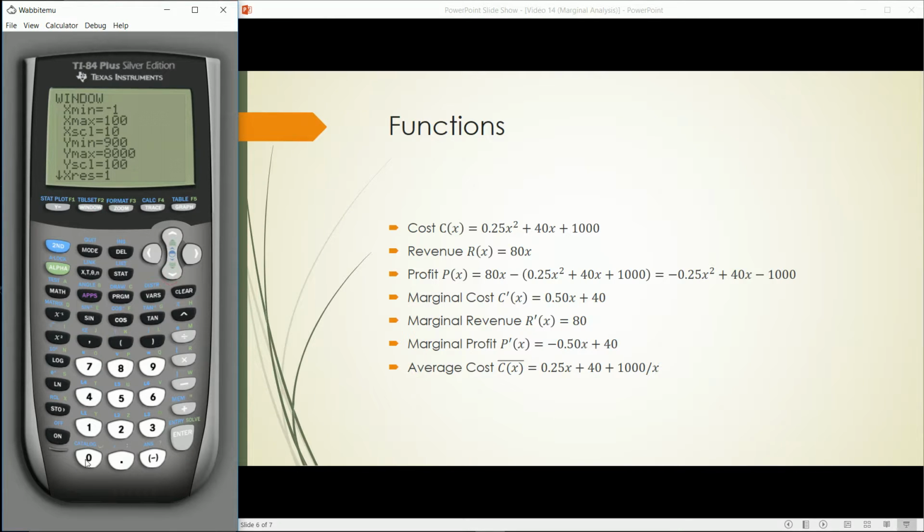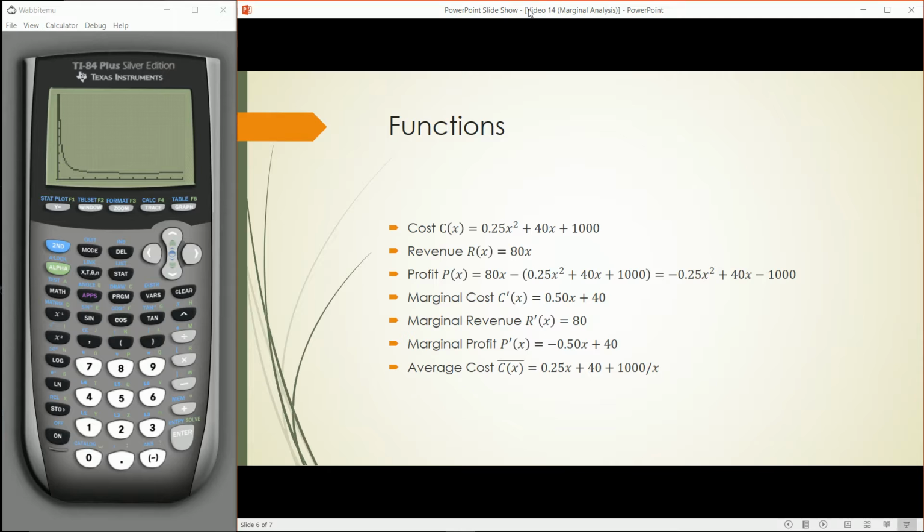So let's go ahead and change our Y minimum back to 0. And let's put this one at 1,000. And there we see our average cost function. So if we only service like 1 or 2 phones, it's extraordinarily expensive per phone. But over here, it's not too bad. All right.